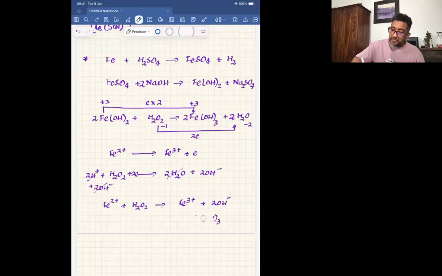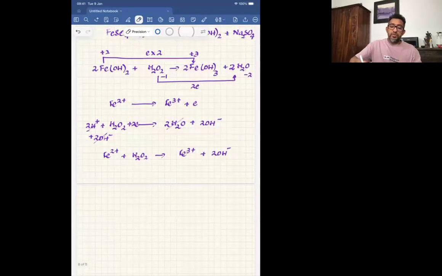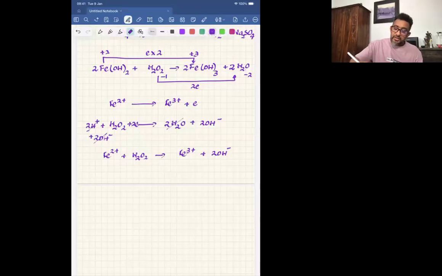So that's a reaction taking place in basic medium. That gives you ferric hydroxide, which is reddish brown in color.